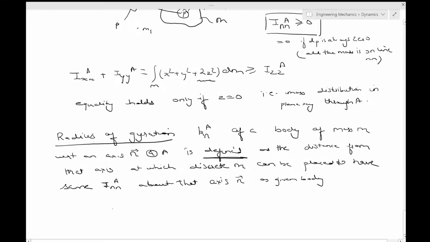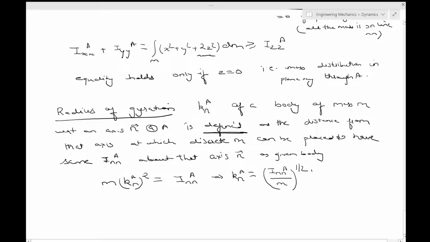So what this means is that if you have m k n of A whole square, this would be I n n of A. This implies that k n of A is equal to the square root of I n n of A by m. Sorry, k n square is I n n of A.